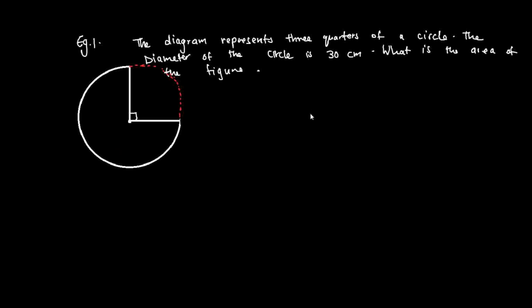So I'm first going to calculate the area of the full circle. We know that the area of any full circle is pi r squared. That's the formula that we use, which is equal to pi. The diameter is given to be 30, but I know that the radius is equal to half the size of the diameter.